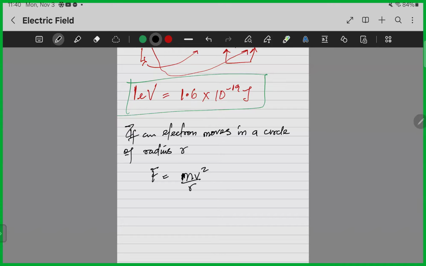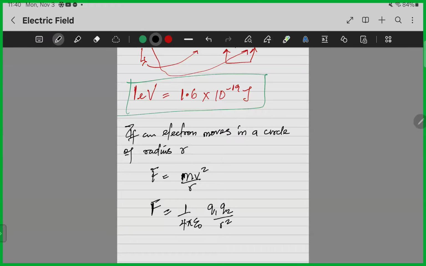But we know that, if we are to talk about the force of the electron itself, that's 1 over 4 pi epsilon naught, Q1 Q2 over r squared, right?